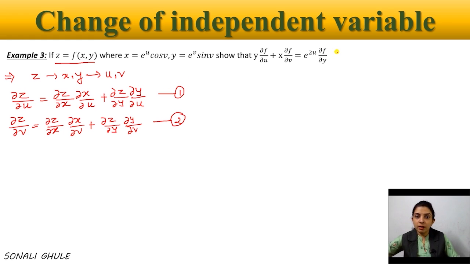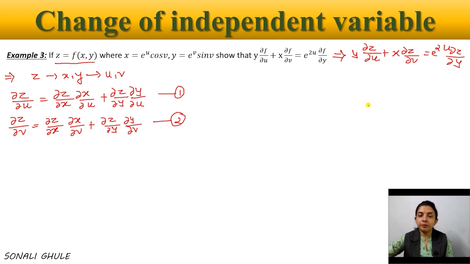Okay, so I mean to say here I can write this one as y into dou z by dou u plus x into dou z by dou v is equal to e to the power 2u dou z by dou y. This also I can write because it is given z is a function of xy, f of xy. So instead of z we can use notation f also.